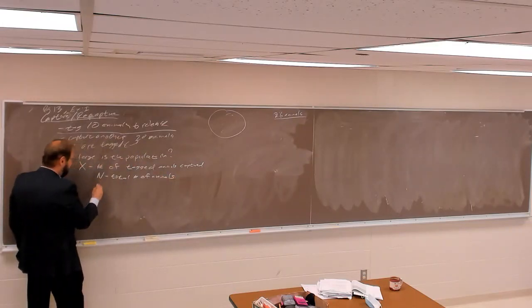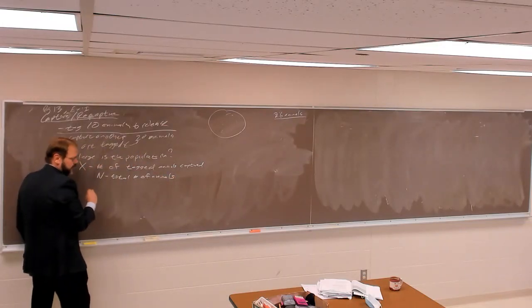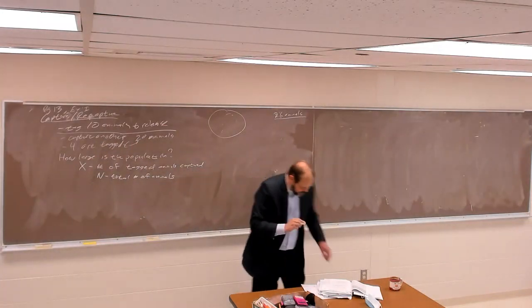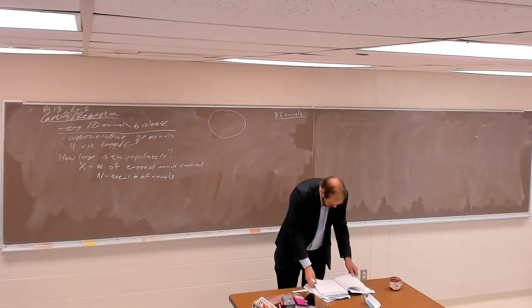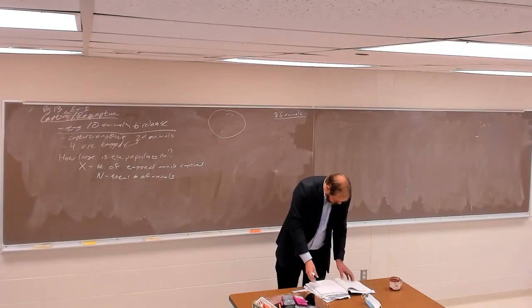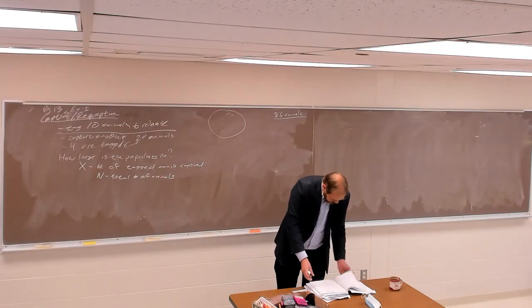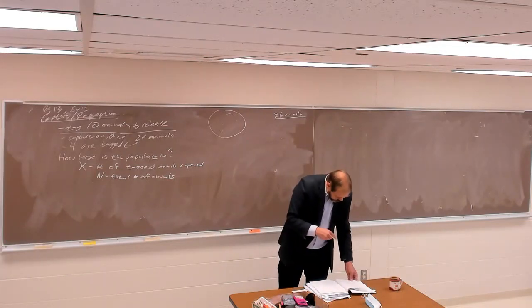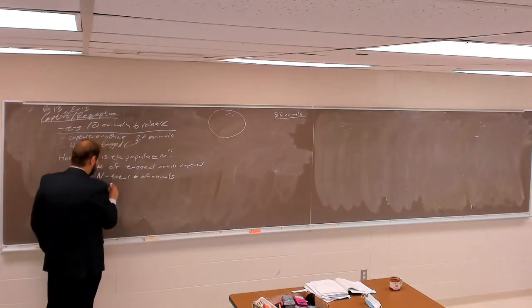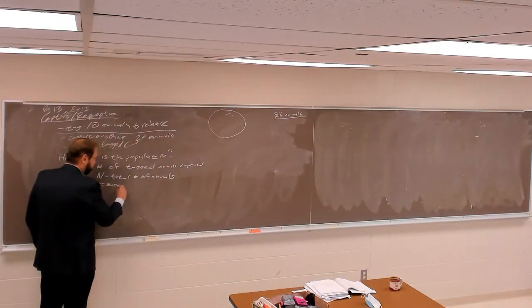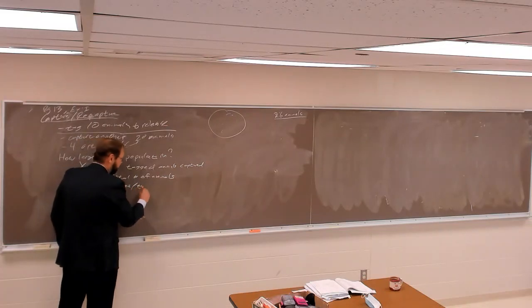What letter were we using here? M, N, K, let's see. Be a little more careful with my hypergeometric. The good things were R, which are the successes, would be my tagged animals.